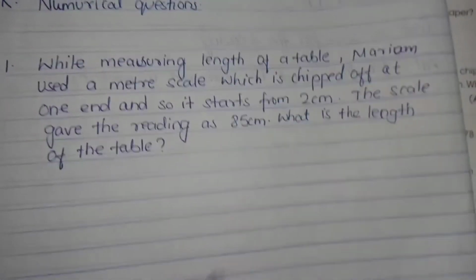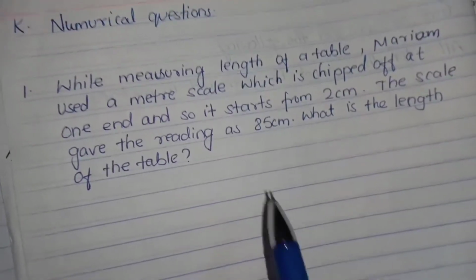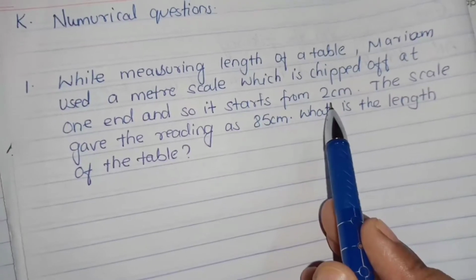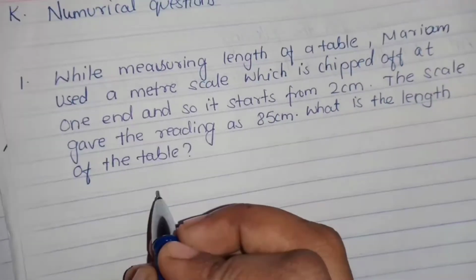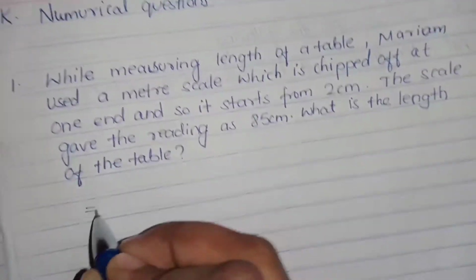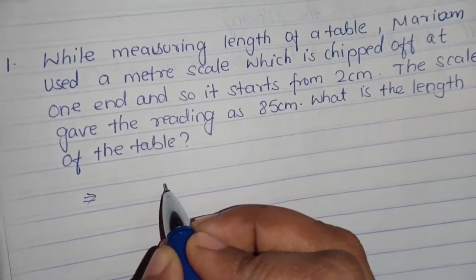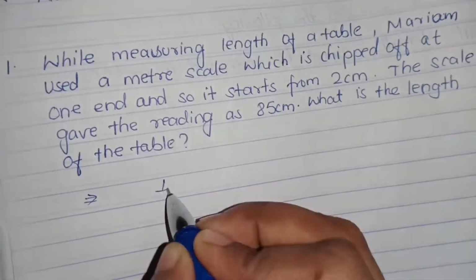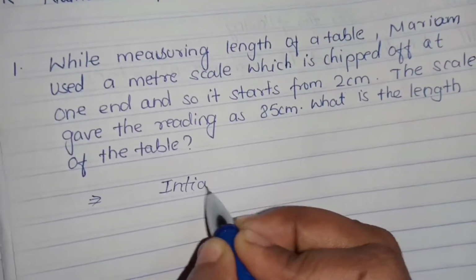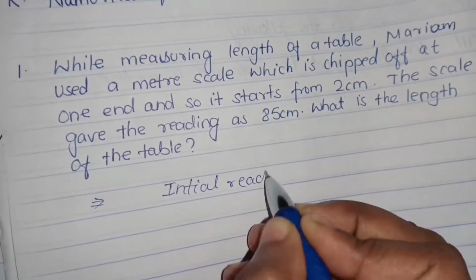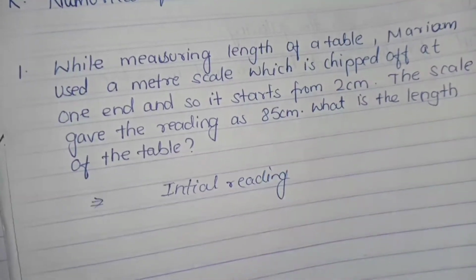Now what is the initial reading? From where she starts is 2 centimeter. So this is the initial reading.